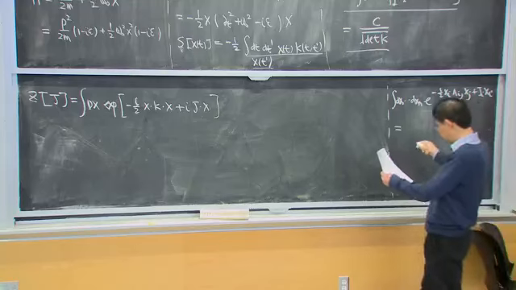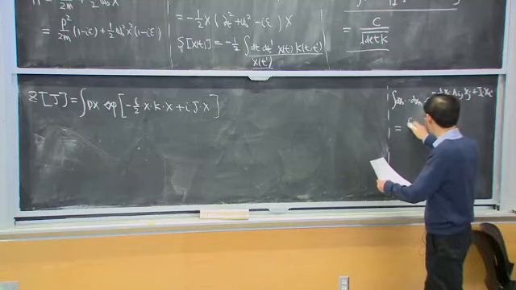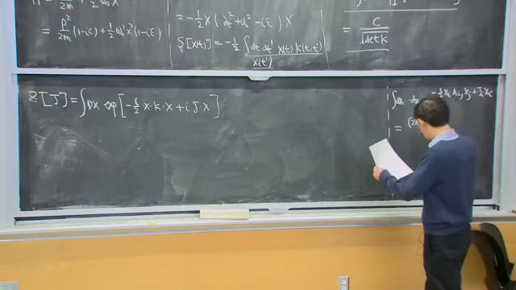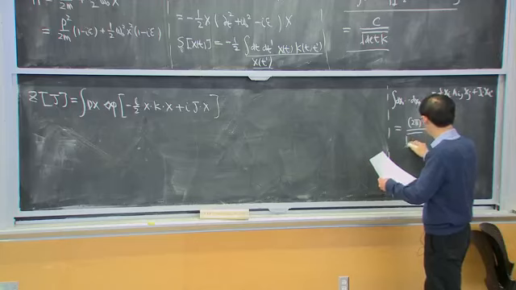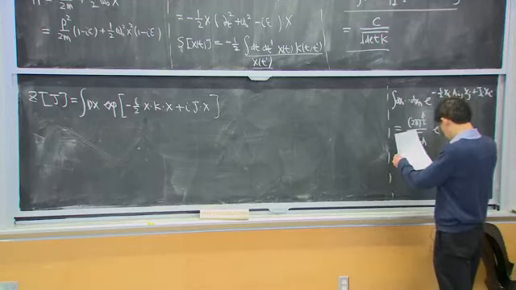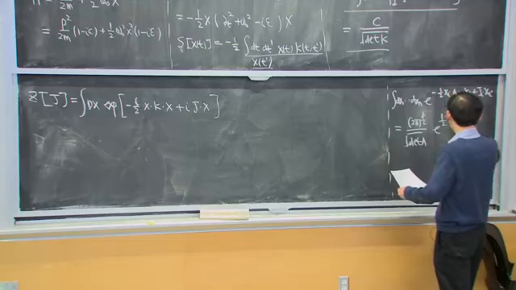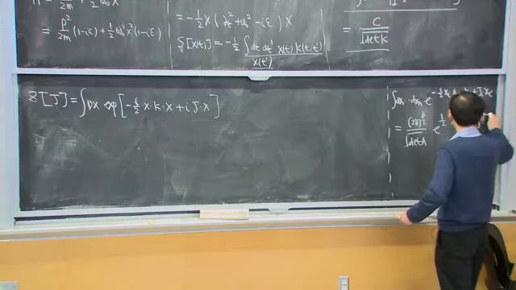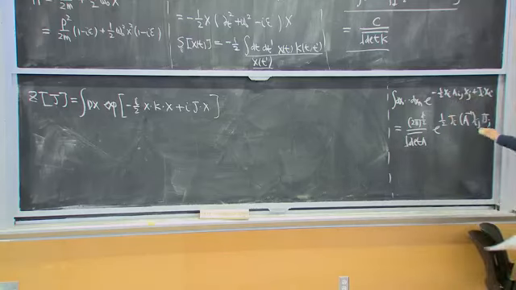So what you get is (2 pi) to the d over 2, divided by the square root of determinant A, and then the result from completing the square is the additional term, Ji (A inverse)ij Jj. That comes from doing the Gaussian integral.